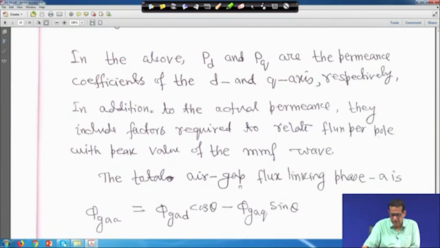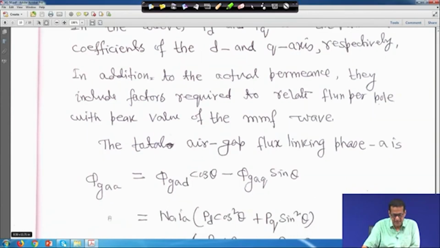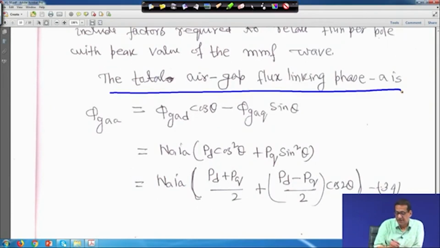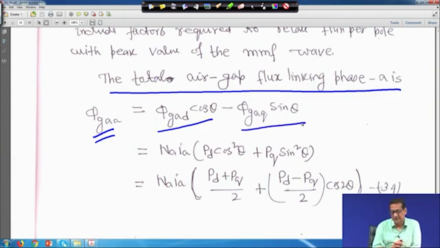Therefore the total air gap flux linking phase A, phi_gA, is equal to phi_gAD cos theta minus phi_gAQ sin theta.